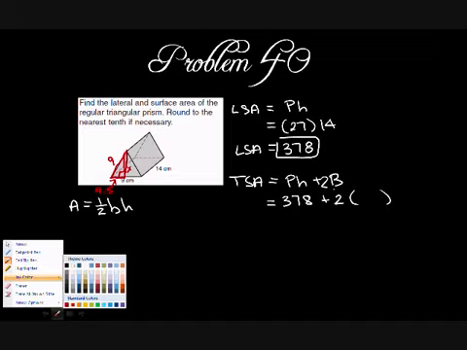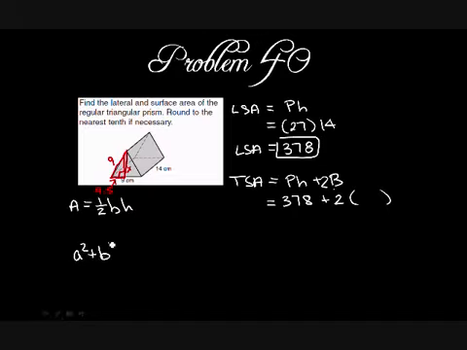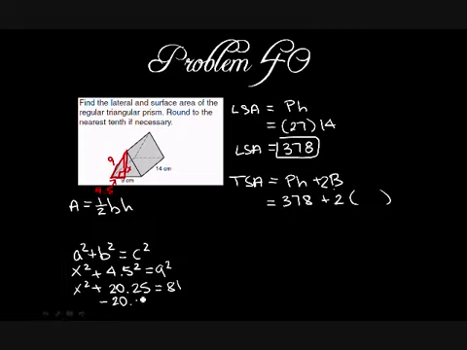So I'm going to use the Pythagorean theorem. And so we have x squared, that's what we're looking for, plus 4.5 squared equals 9 squared. So x squared plus 20.25 equals 81. And I totally did not mean to put an equals sign there. That's a plus sign. And then if I subtract 20.25 from both sides, we get x squared equals 60.75.